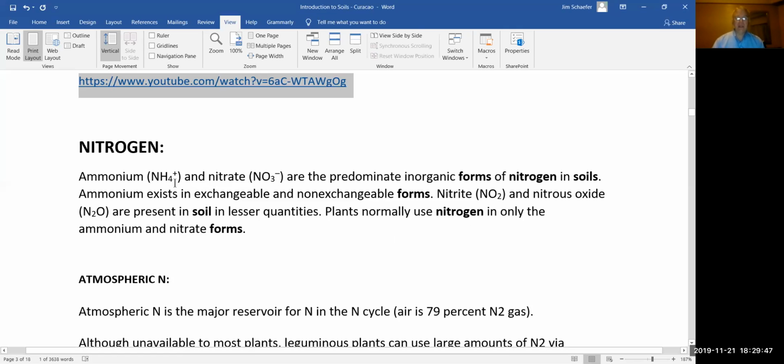That means that ammonia is not held very tightly to the surface of the clay particle, whereas other elements like calcium or iron have multiple plus charges. That means that they're held more tightly to the surface of the clay particle.